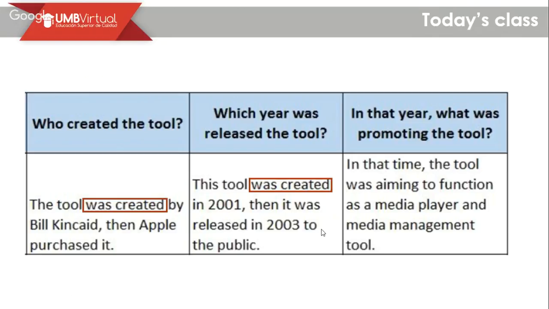But then we have used the past continuous when we say that the tool was aiming function. And you see the difference? Here, these regular verbs in the simple past end with ed. But in the past continuous, the verb ends with ing.